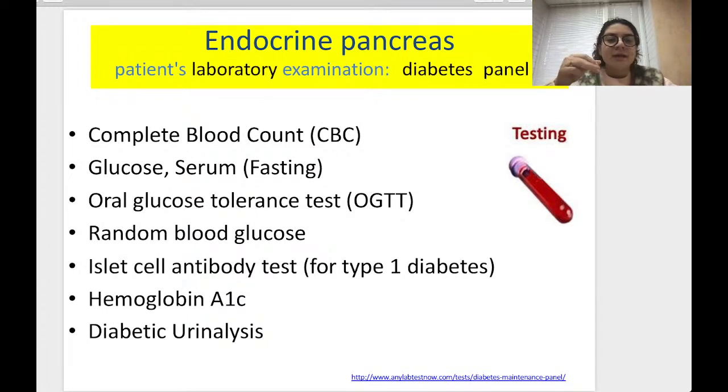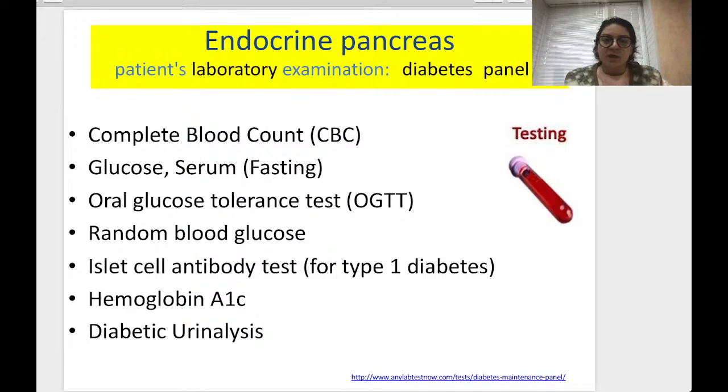Okay, it can be random blood glucose. Yes, it is possible to do a glycemia test not depending on meal and time of test. And it is important for the emergency department, for example. Yes, we can do, moreover, an islet cell antibody test.